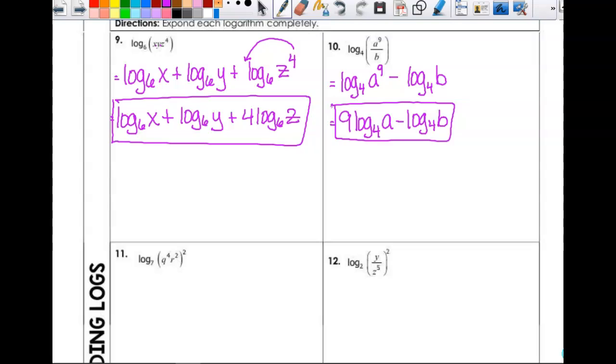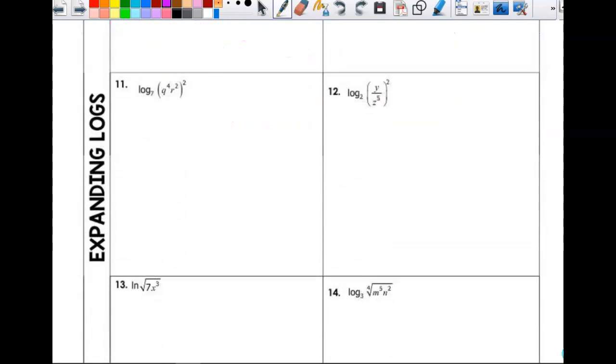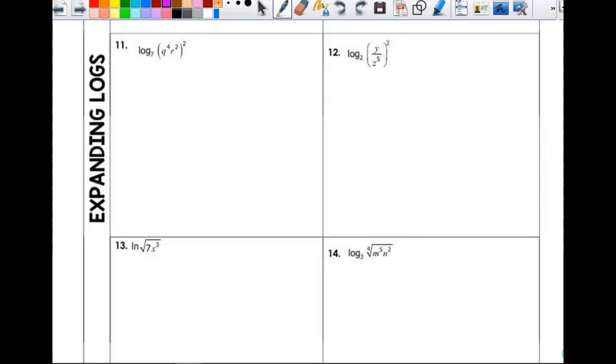Okay, everybody with me? Always top first, yes. Yes, absolutely. Good question. Anything else? All right, number 11. Now that we have exponents on the variables, but there's also an exponent on this whole thing. So it's log base 7 of this thing squared, which means we want to take this 2 and bring it out front.